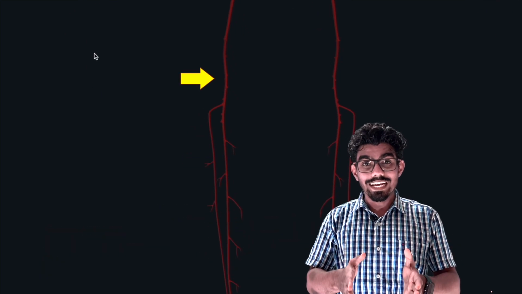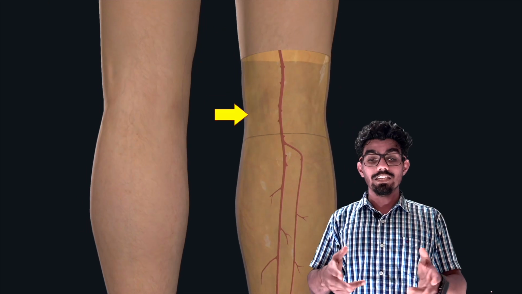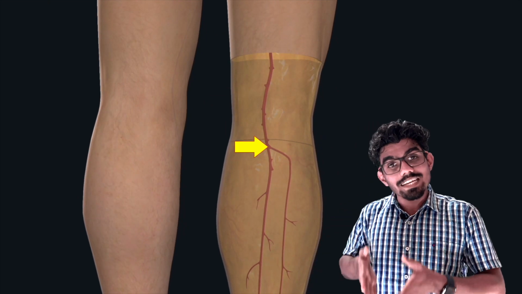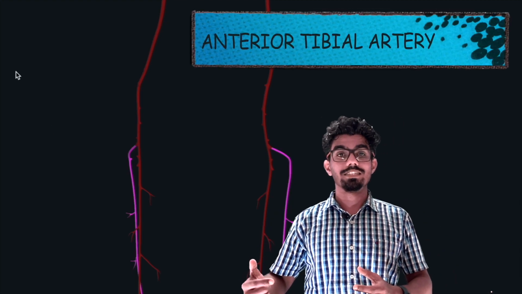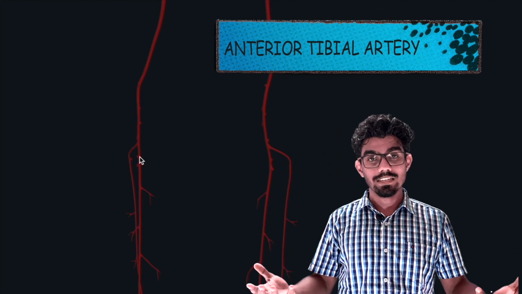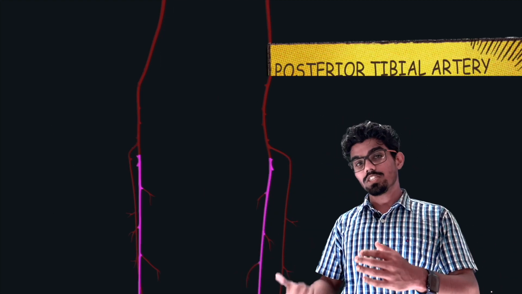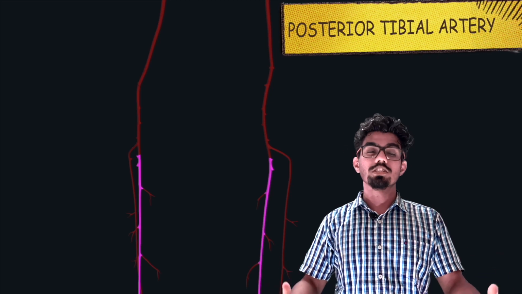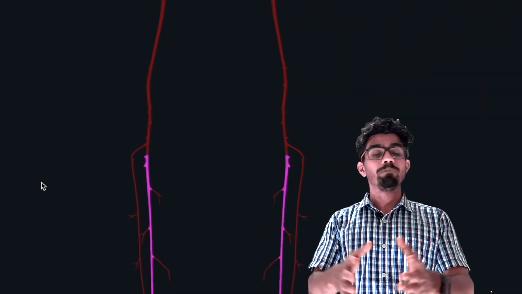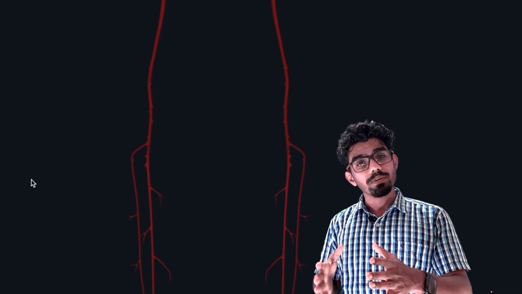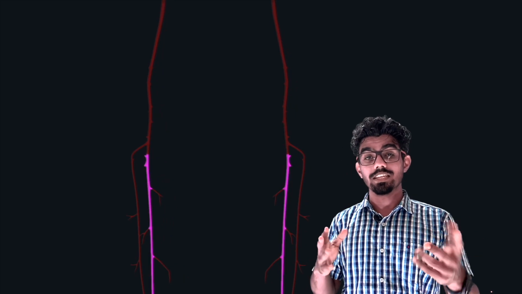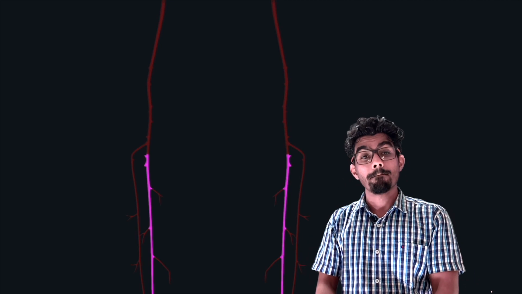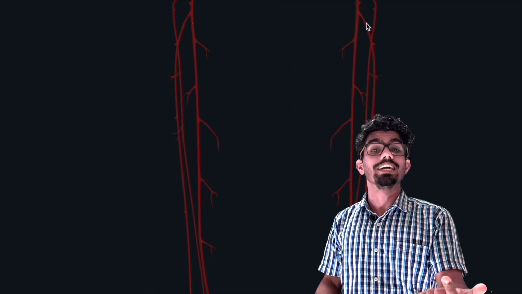Now this popliteal artery divides into two arteries in the leg region. The one which goes anterior in the leg region is called the anterior tibial artery, and the one which goes posteriorly in the leg region is called the posterior tibial artery. Clear? Now look, the posterior tibial artery goes straight downward, and it gives a branch laterally.